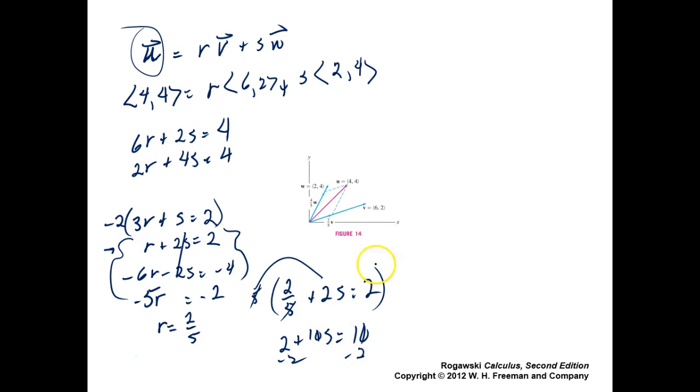That would be 10s is equal to 8. Divide both sides by 10. And s would be equal to 4/5.